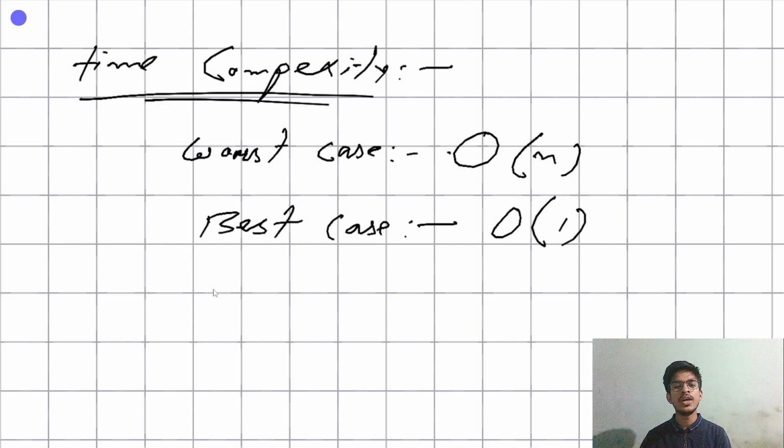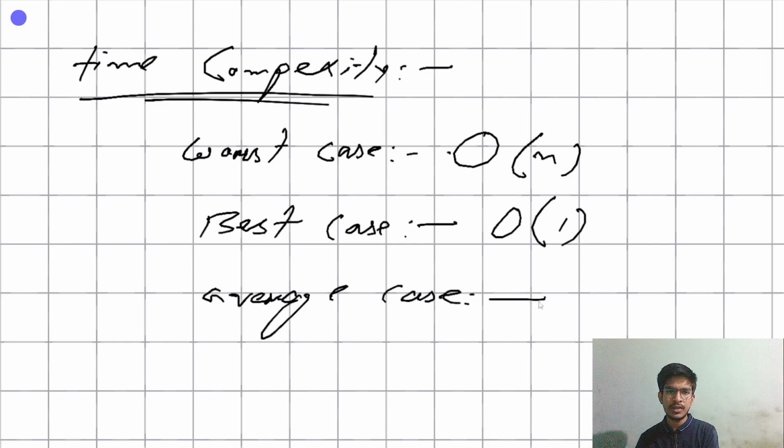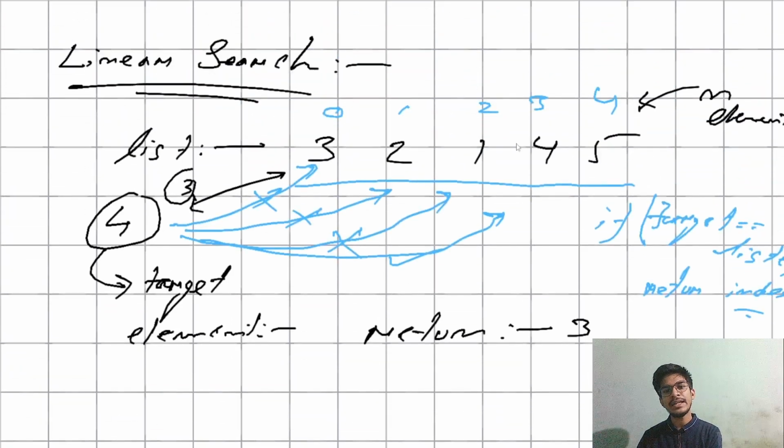And for the average case, we don't need to look at it separately, because it differs from the worst case only by a constant. We have to eliminate the constant, so it ultimately becomes the same as the worst case. Suppose the element lies somewhere in the middle of the list.